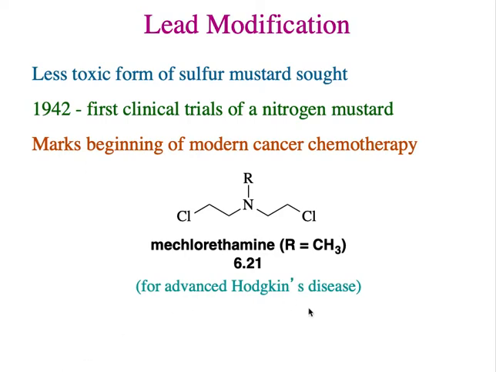They use this for Hodgkin's disease, so that's a lymphoma. So it's a cancer, Hodgkin's lymphoma. So basically, it's a cancer of cells in your bone marrow that make white blood cells.